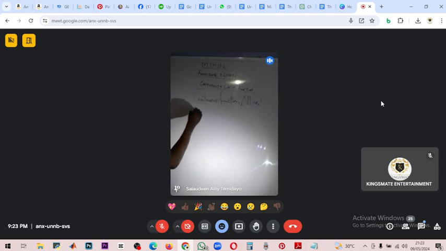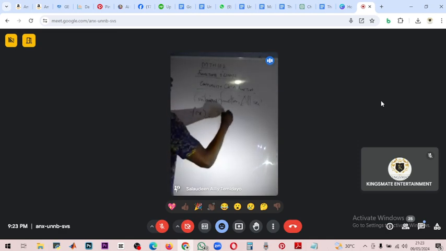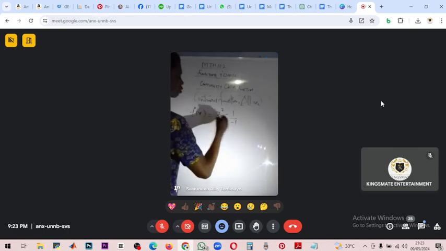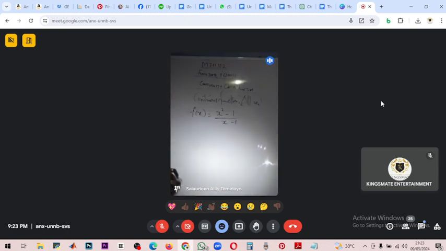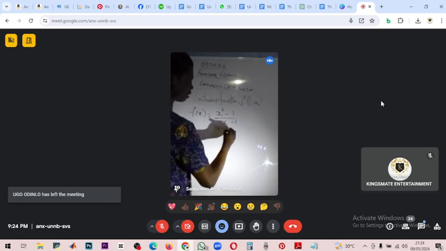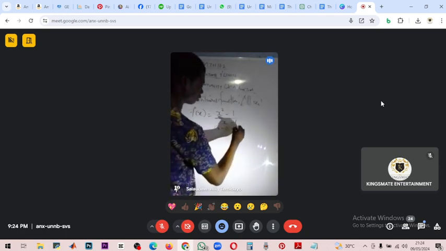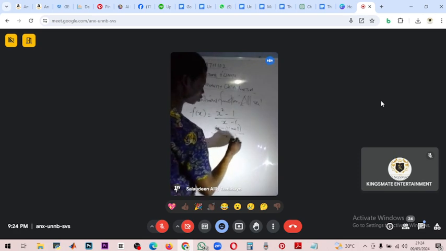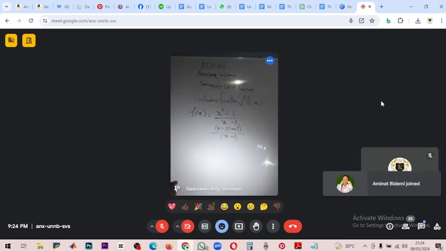So this is a function f of x equals x squared over x. When I'm solving this, before I can say I want to use limit, x squared, x minus 1, x minus 1.